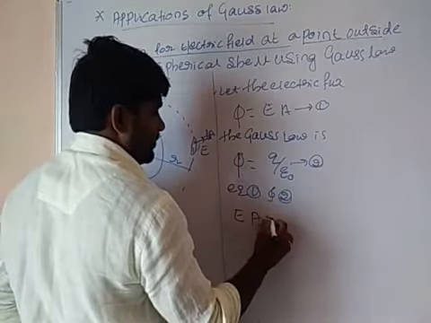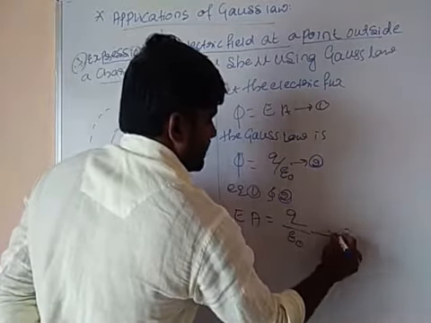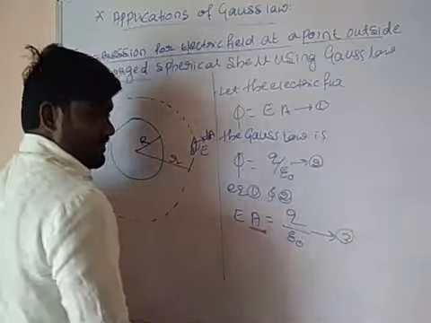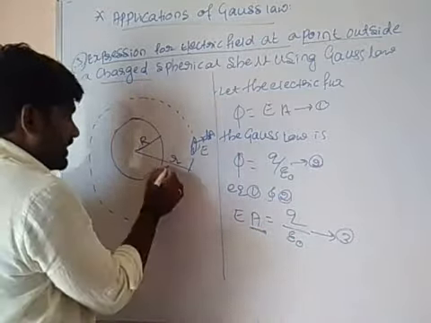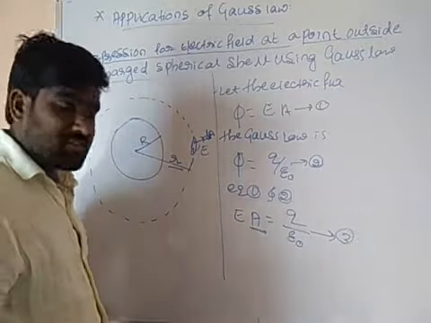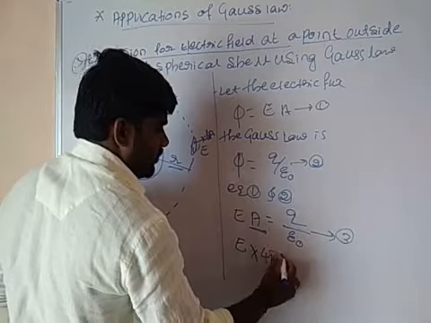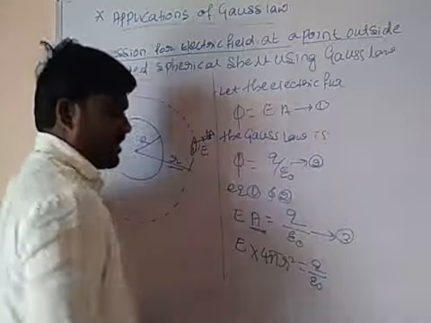E into A is equal to Q divided by epsilon naught. Let us call it equation number 3. But here, what will be the area of the outer sphere? It will be 4 pi r square. So E into 4 pi r square is equal to Q divided by epsilon naught.